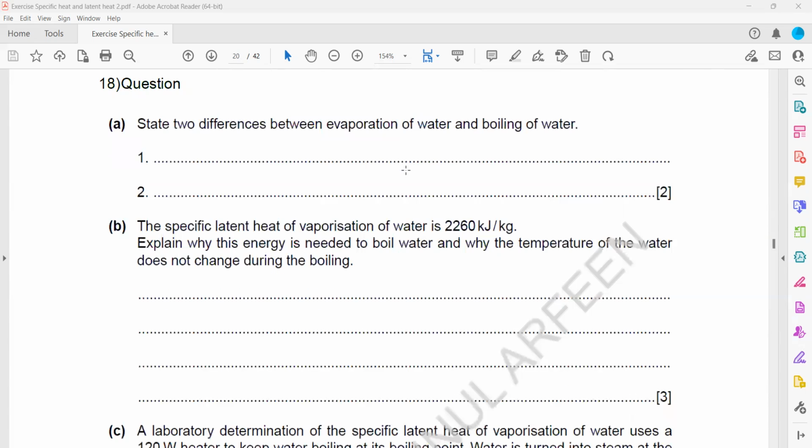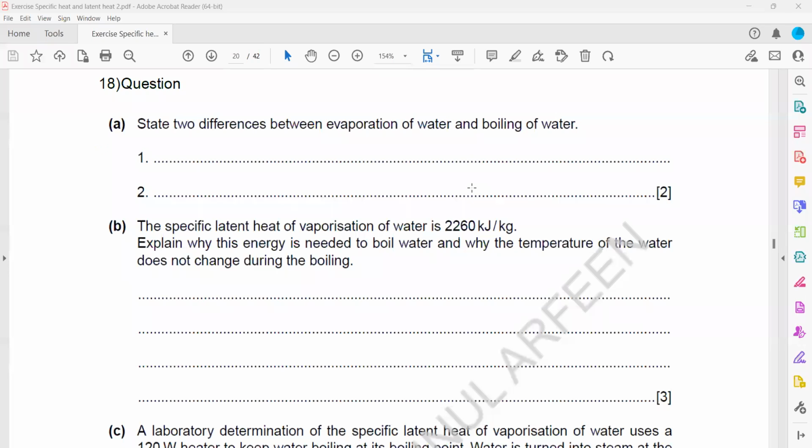What are the differences between evaporation of water and boiling of water? Boiling shows bubbles while evaporation doesn't show bubbles. Evaporation can happen at any temperature. Boiling occurs at a fixed temperature.